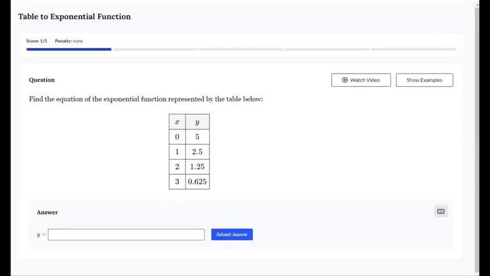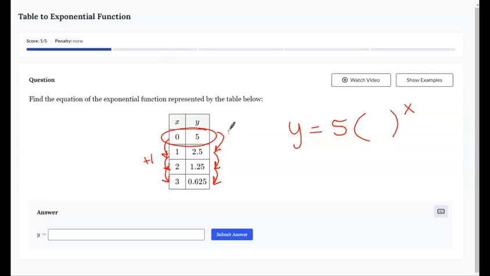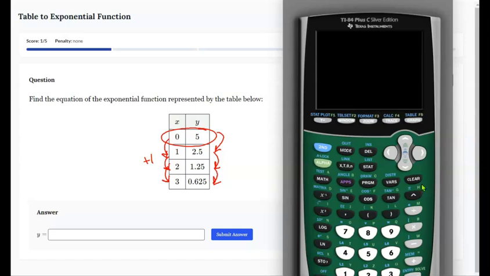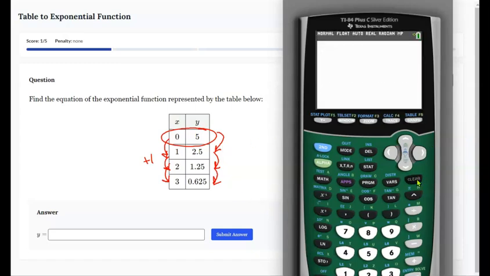Alright, again, we look for the y-intercept first, and that will be our first value. And then in the parentheses will be that ratio of how the y's are changing, as long as the x's are going by ones. And if you're unsure how it's changing, you can use your calculator to test by taking the second value and dividing it by the one before it. Right?